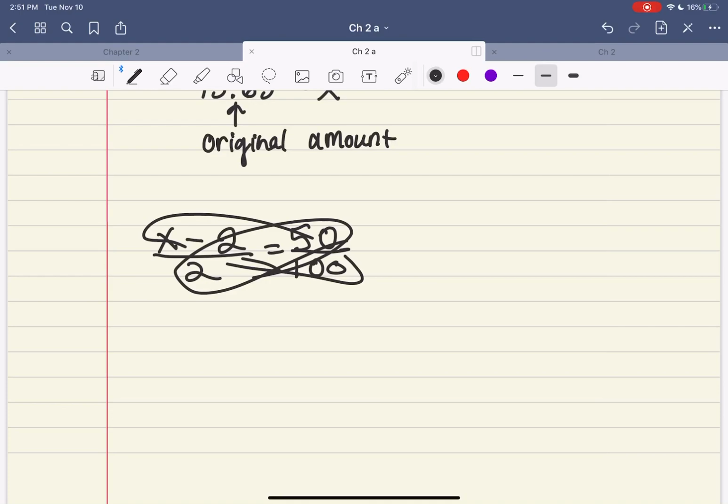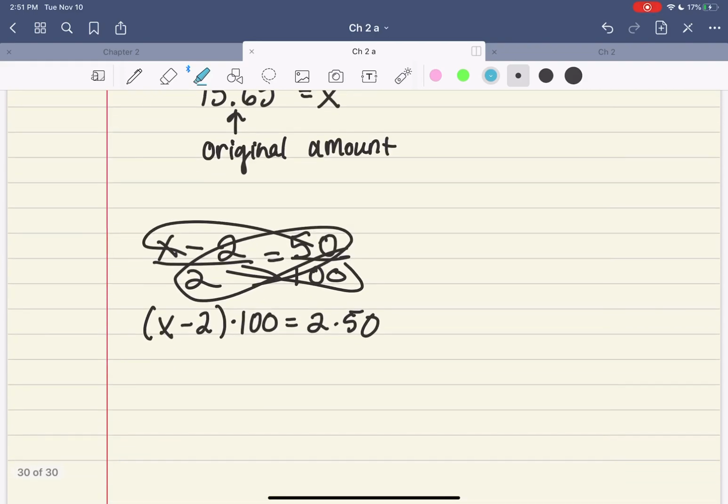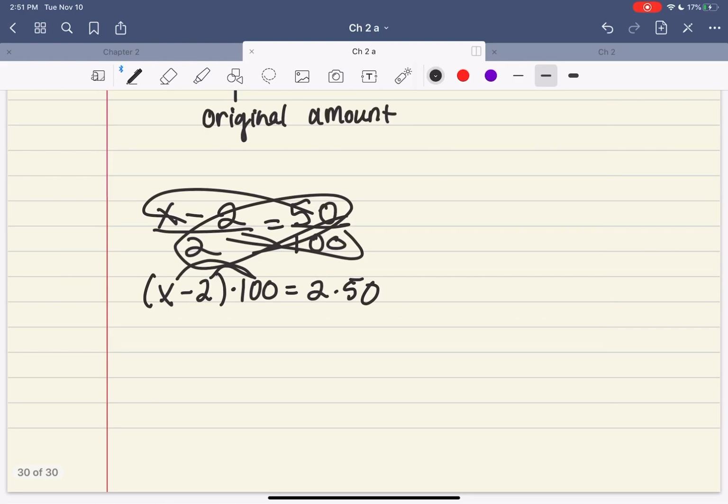You're just going to get x minus 2 times 100 equals 2 times 50. So this just gets a little bit easier for you because you won't have the variable on both sides like you had here. So you'll be moving things around for the two-step equation a little differently, but you're still going to be doing distributive property and solving the equation, okay? Hopefully this helps you. Remember to look at IXL, look at their explanations.